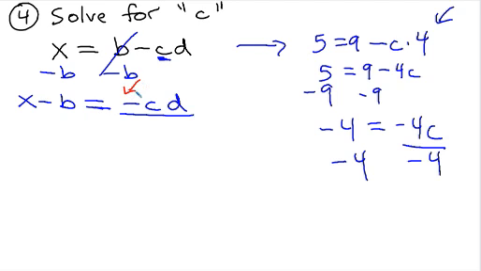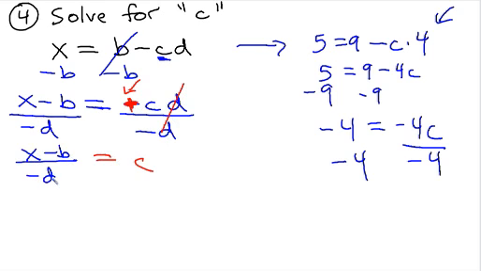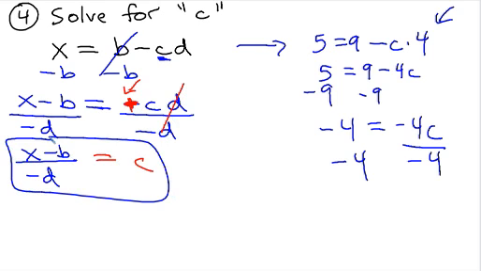Let's go ahead and divide both sides by negative D to get rid of it. And we have accomplished what we need to accomplish. The D's go away, including this negative. It's gone. And I have C equals this thing over here: X minus B over negative D. Your answers are going to be uglier with these problems. And we are going to stop there for today.